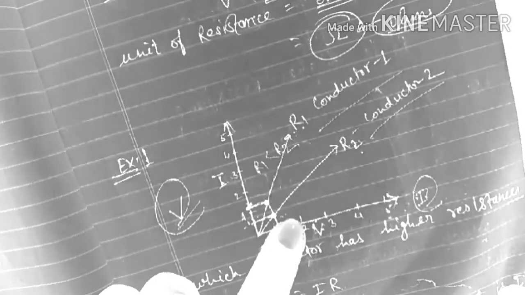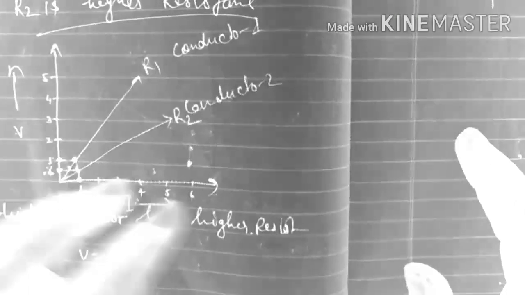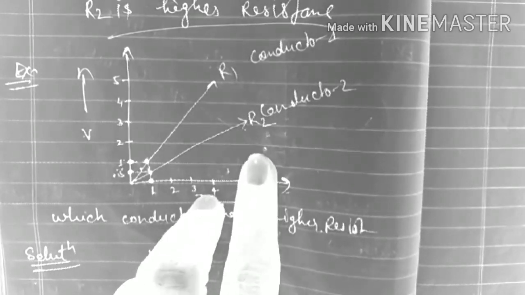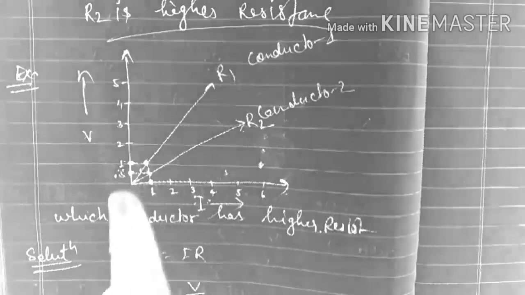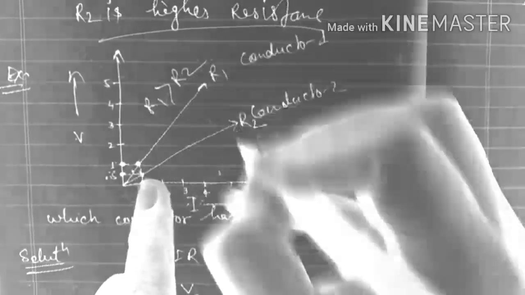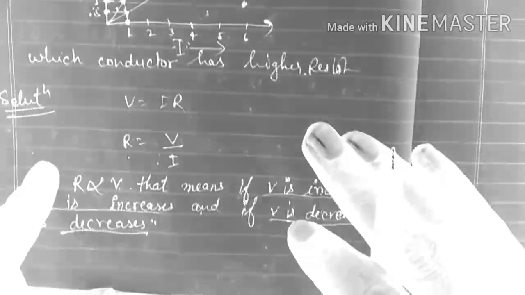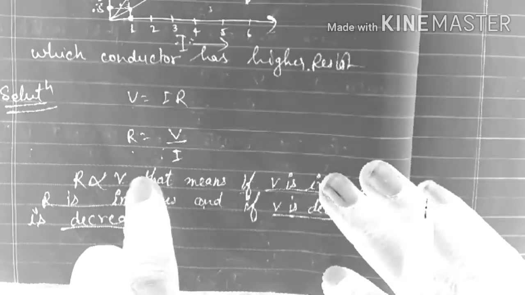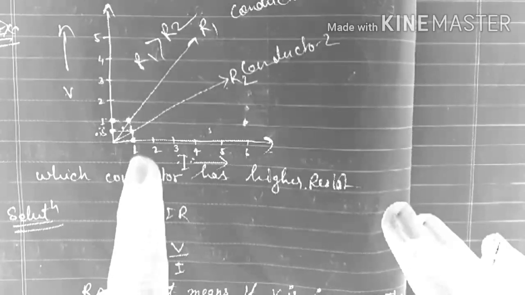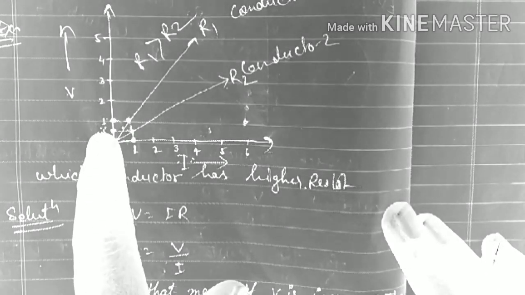Compare this. R1 is less than R2. But for this example, if we change the V and I, then R1 is more compared to R2 because R is directly proportional to V. Okay, but for R2, V is 0.5.